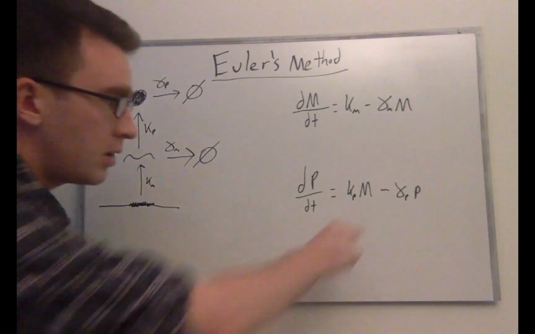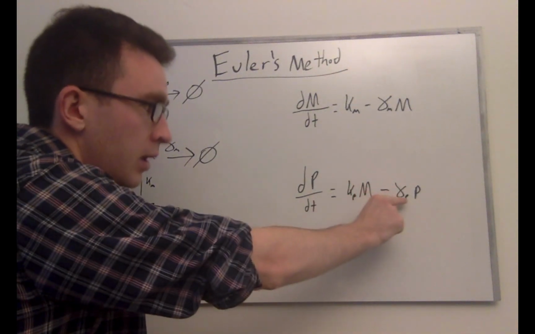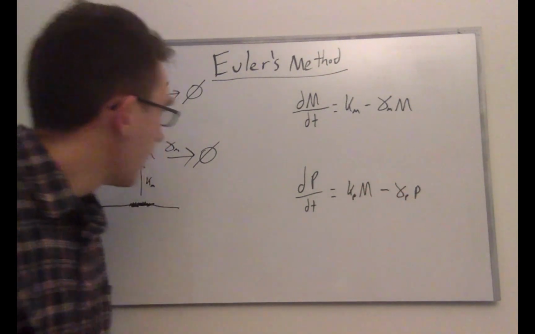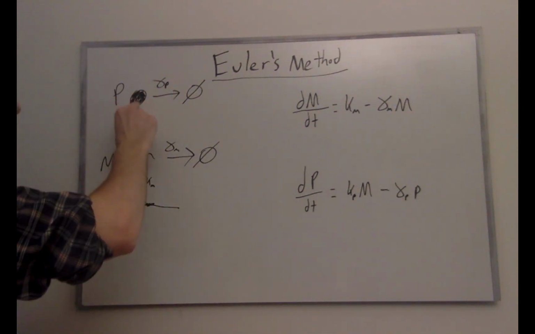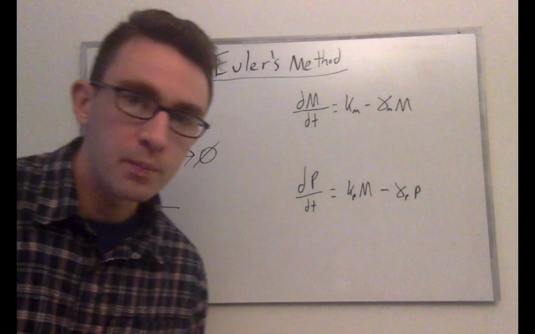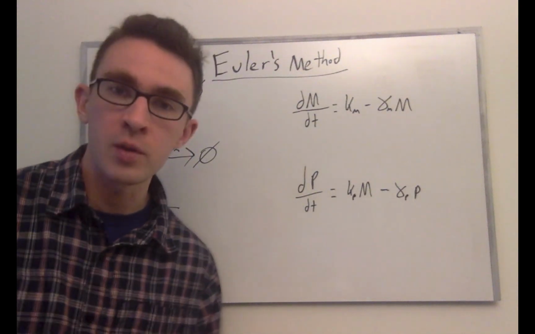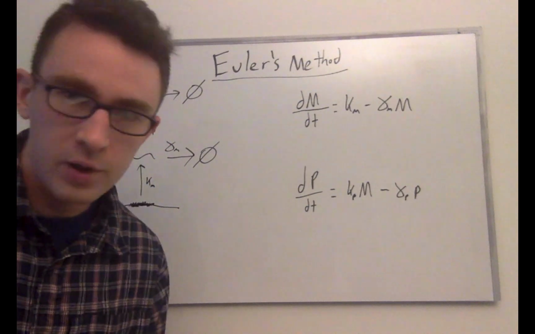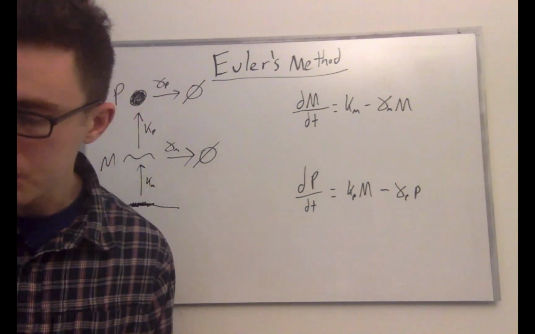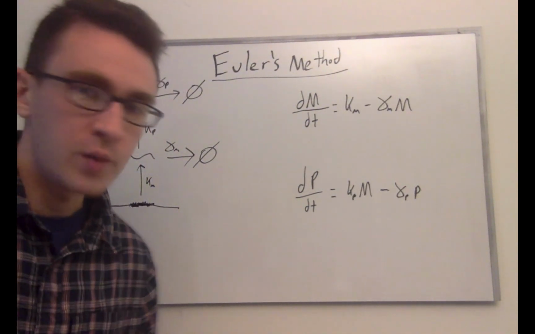And then same thing here: we have minus gamma P times P, and again it's multiplying P because in order for the protein to be breaking down, there has to be some protein for it to be breaking down. Okay, so that's the system of ODEs we're going to be working with. Pretty simple system. So let's get into Euler's method now.